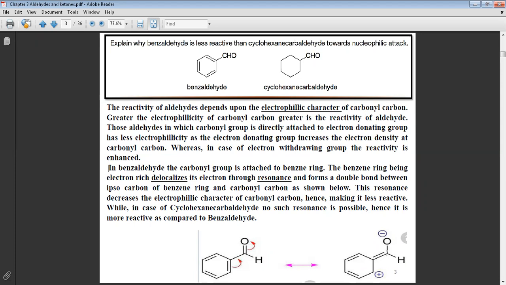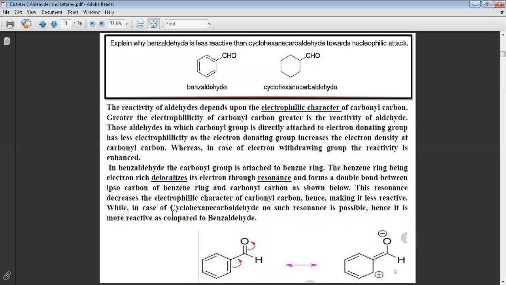The resonance effect makes the nucleophilic attraction to this carbon decrease. Why decrease? Because of the resonance. Like he said also, the resonance decreased the electrophilic character of the carbonyl carbon. Before that we had a positive or partially positive charge; now there is no partial positive, making it less reactive.